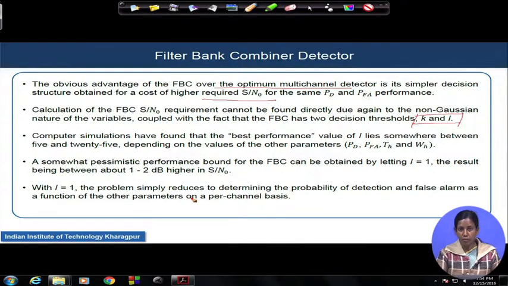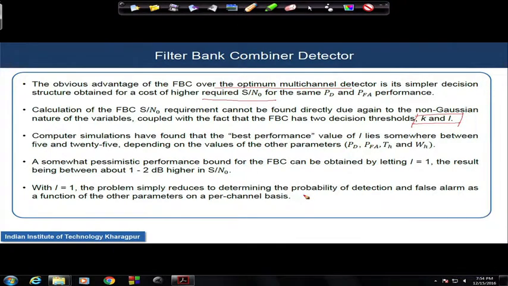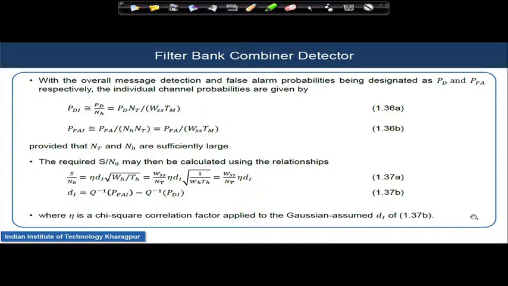But for the theoretical analysis, once again, if I allow the threshold value to be equal to 1, the problem simply reduces to determining the probability of detection for each of those branches independently, on a per channel basis. So, we have 2 sets of parameters here.